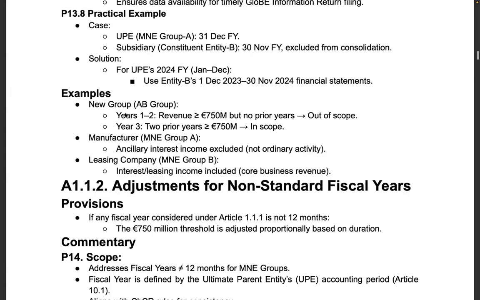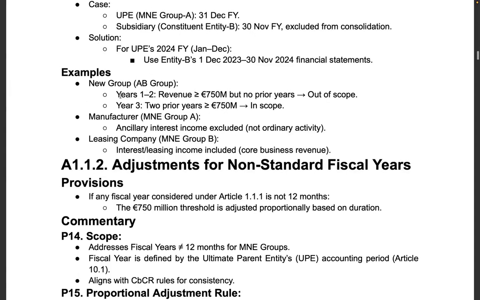One more example: a new group, AB Group. Years 1 and 2 revenue was equal to or greater than 750 million euros, but no prior years were there, so it will stay out of scope, because if you remember, it requires at least 2 prior years for the third year to be tested.